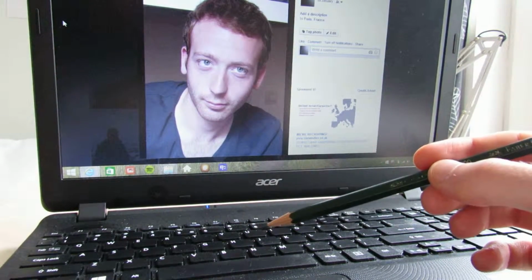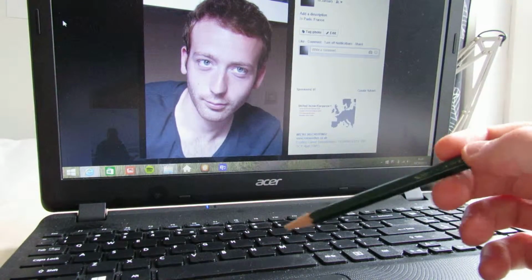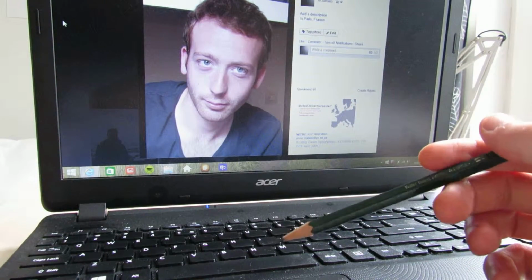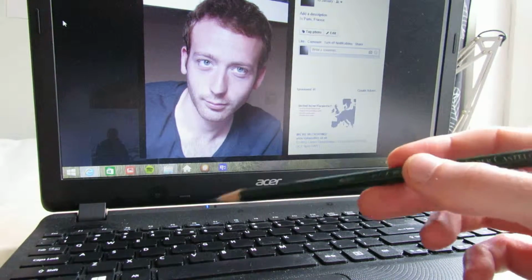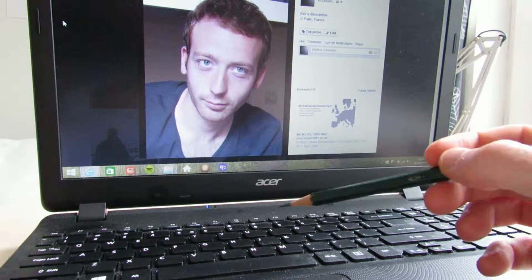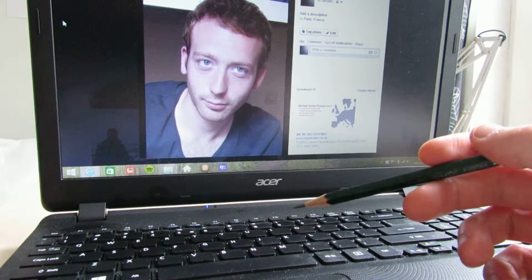I don't tend to use more than 4 or 5 layers because I find it starts to get a bit shiny when light hits against it, and it doesn't really look very good. And I also don't use 1 layer because then you can really see the direction of the pencil strokes.